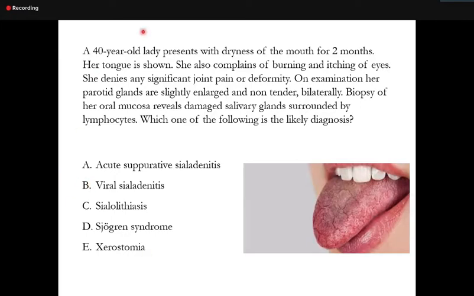A 40-year-old lady presents with dryness of the mouth for 2 months.